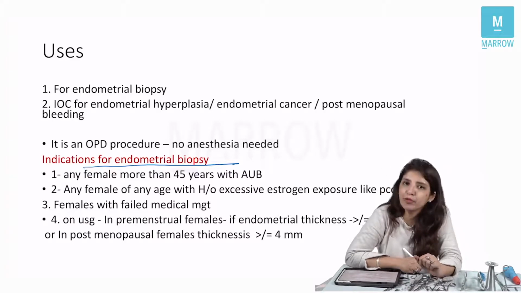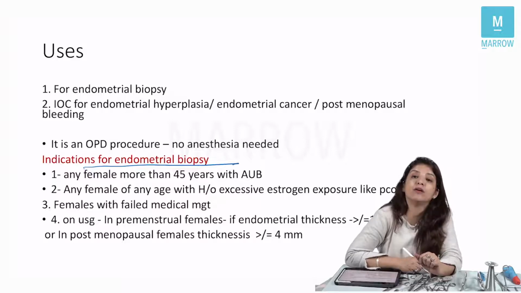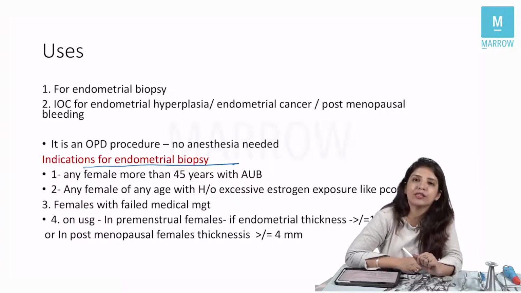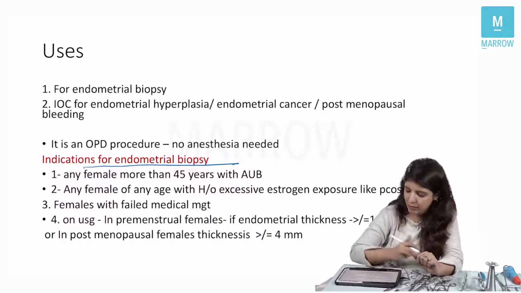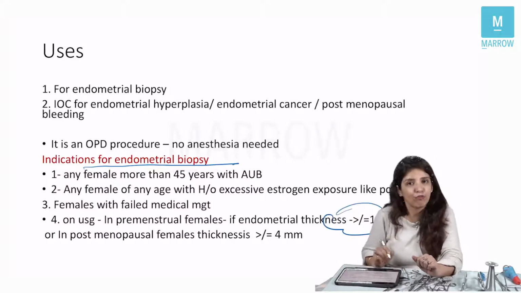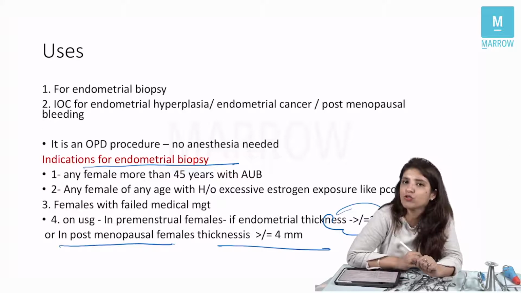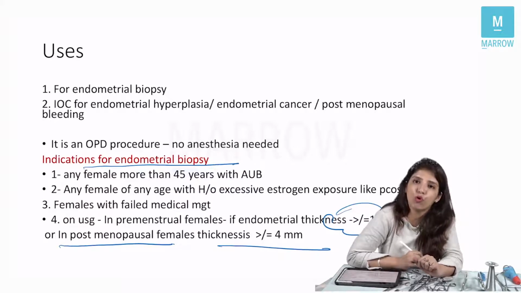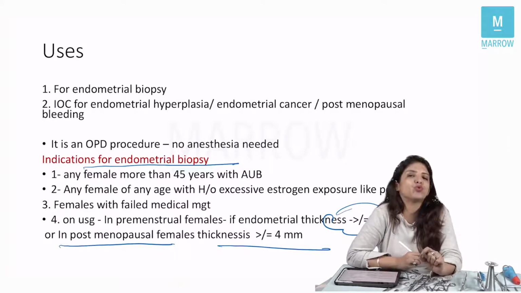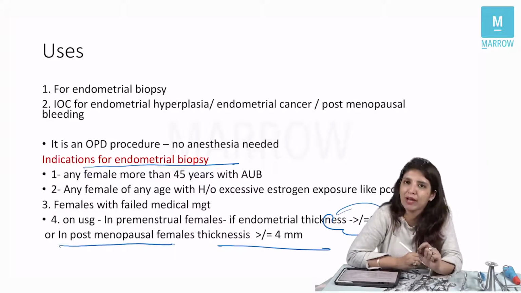Number three, if the female was having atypical uterine bleeding and her medical management has failed. Number four, if a female has come to you with excessive bleeding and you got a TVS done, and on TVS, if endometrial thickness in a premenopausal female is more than or equal to 12 millimeters, or in a postmenopausal female is more than or equal to 4 millimeters, in that case you have to do endometrial biopsy.